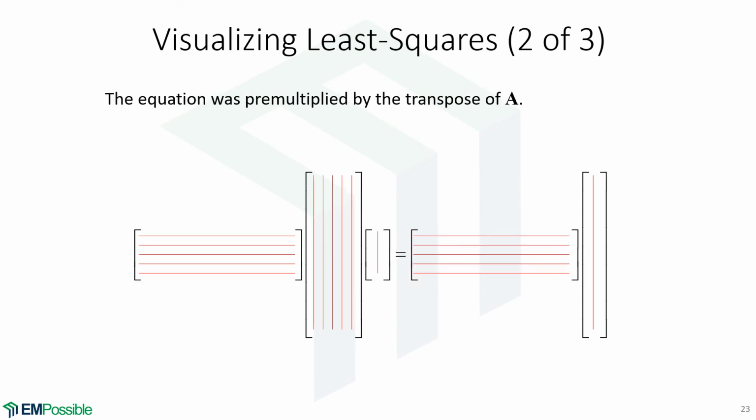Well, what did we do then? Well, we took this matrix and pre-multiplied both sides by its transpose. So its transpose kind of lies on its side like this. So what was a tall rectangular matrix is now a long horizontal rectangular matrix. So if we take this long side-to-side rectangular matrix and pre-multiply a tall rectangular matrix, we get a square matrix.